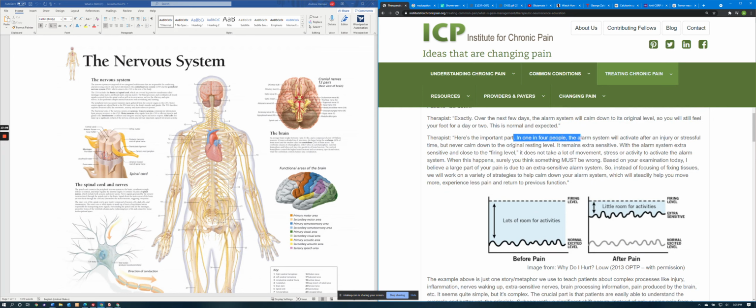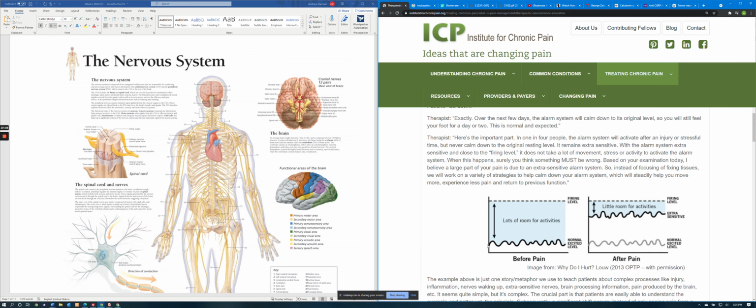One in four people, according to this website, after some type of injury, that threshold, or the sensitivity of the nerve, or how close it is to that threshold, gets modified.